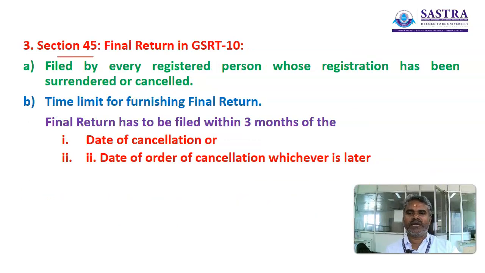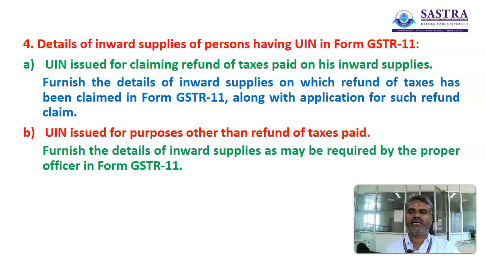Then section 45, final return, GSTR 10. This is the final return filed by every registered person whose registration has been surrendered or cancelled. Then time of furnishing the final return. The final return has to be filed within 3 months of the date of cancellation or the date of the cancellation order, whichever is later.